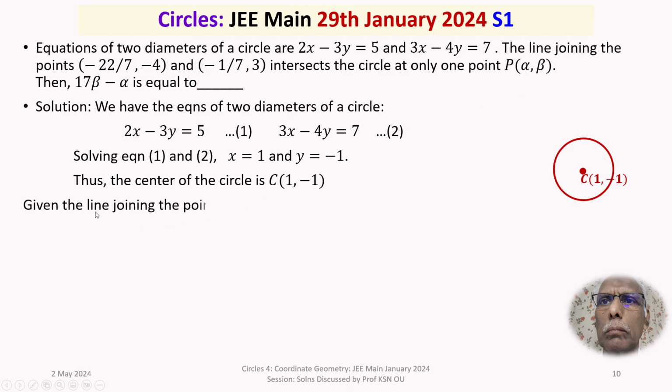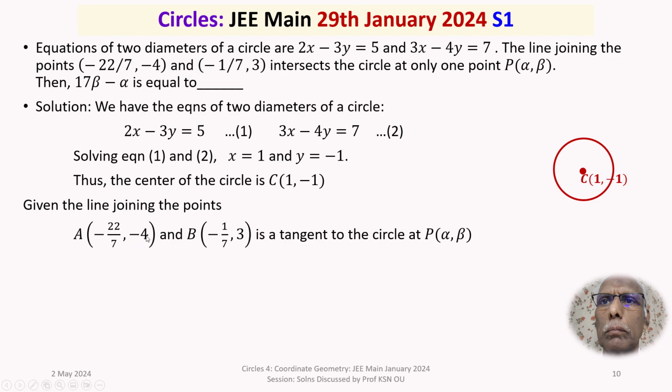So given the line joining the points A, first point, minus 22 by 7, minus 4, and B, the second point, with coordinates minus 1 by 7, 3, is a tangent to the circle at the point P with coordinates alpha, beta. So AB is a straight line that is a tangent to this circle at the point P with coordinates alpha, beta.